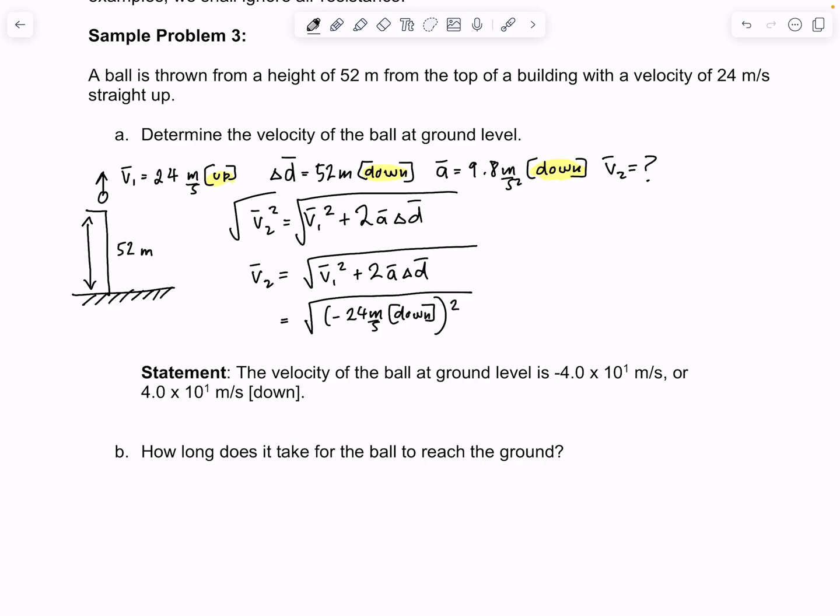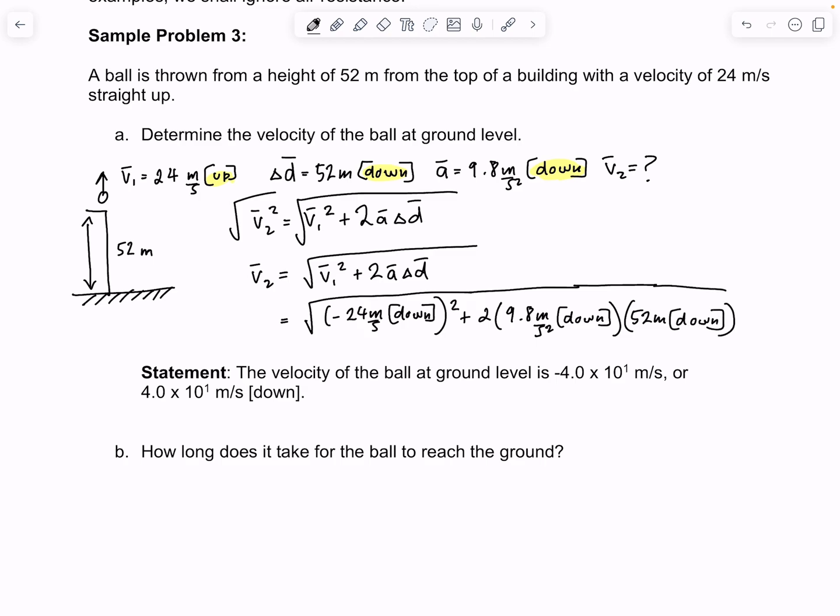Square this. Don't forget to square it. Plus 2 times, sorry, let me put the acceleration in first, 9.8 meters per second squared down, times 52 meters down.